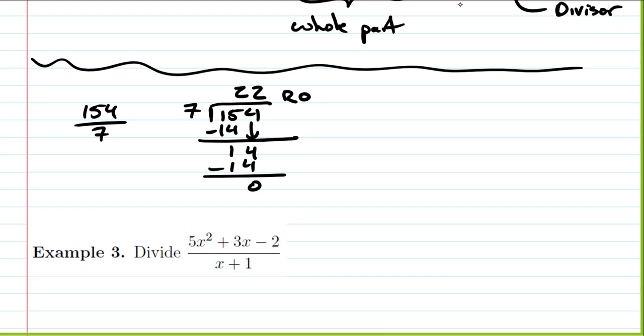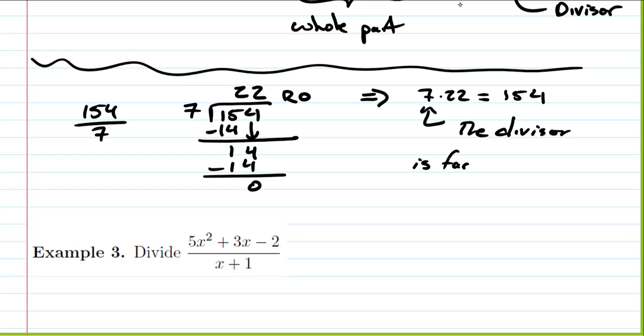What does that tell us about 7 and 154? Well, specifically, what's its associated multiplication problem? Well, this tells us that 7 times 22 is equal to 154. And we note that the divisor is a factor, right?